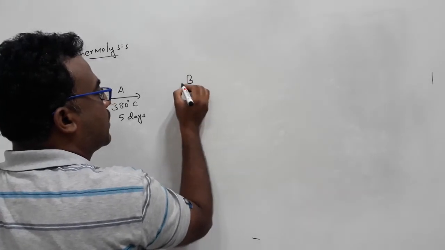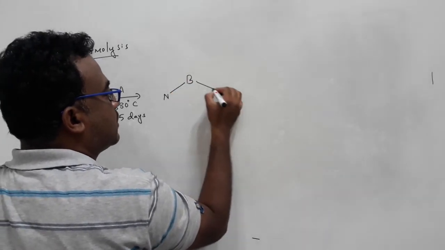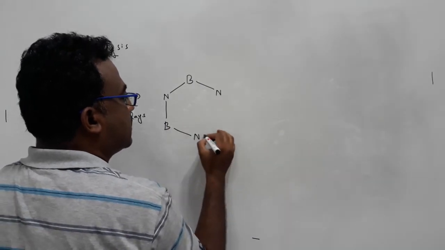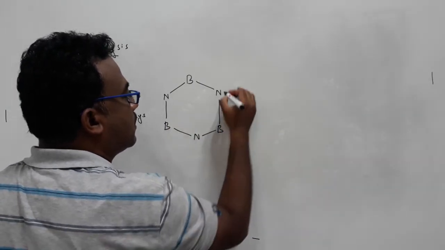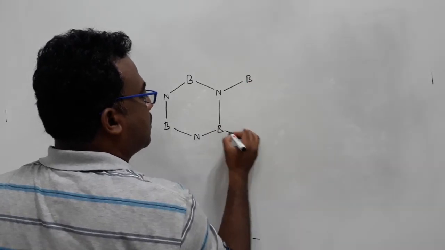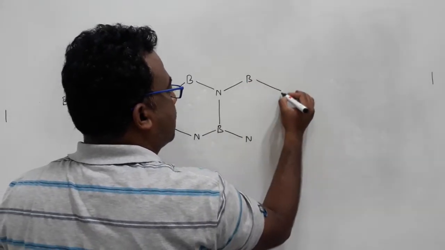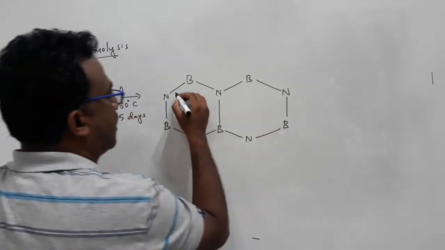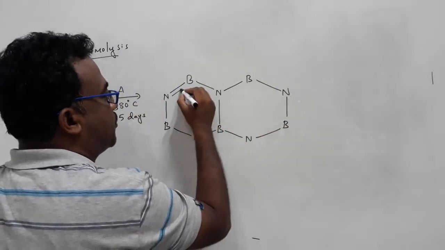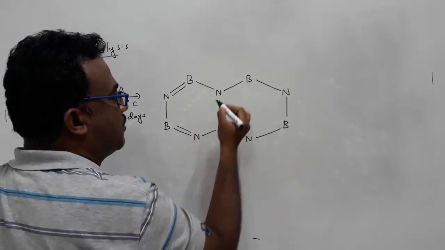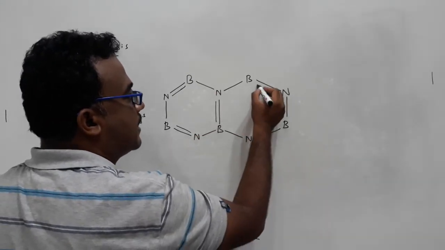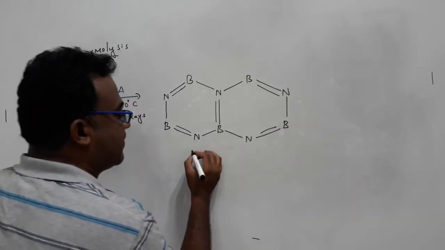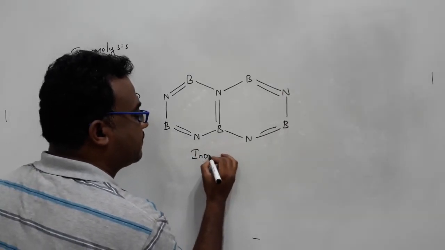That is boron, nitrogen, boron, nitrogen, boron. You can see this compound. I am just putting double bonds, but actually you have to put a coordinate covalent bond. This compound looks like naphthalene, so it will be called inorganic naphthalene.